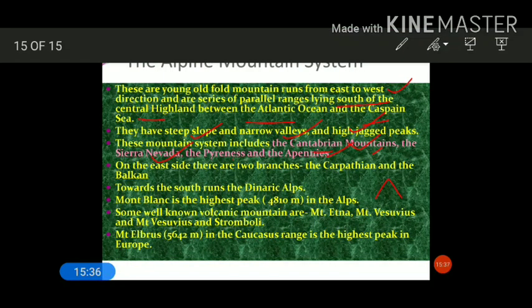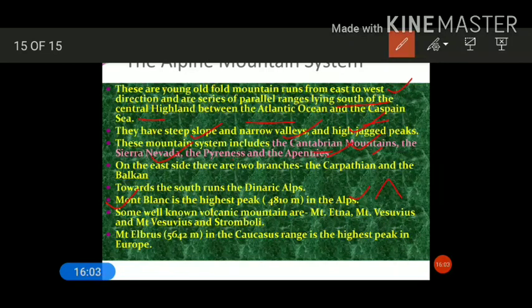Toward the south there is one more range, the Dinaric Alps. Important to note here is Mont Blanc, the highest peak in the Alps range.